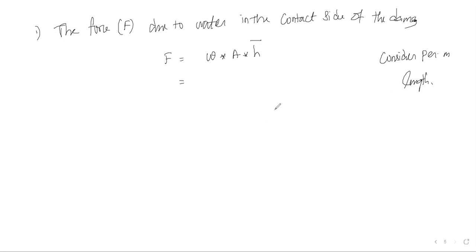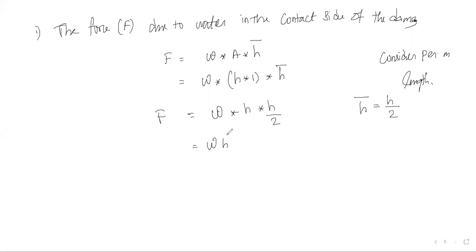So w into area, so height into per meter length into h bar. This h bar we take as h by 2. So F becomes w into h into h by 2. So it becomes w into h squared by 2, force F. This is the force we are going to have because of water pressure.